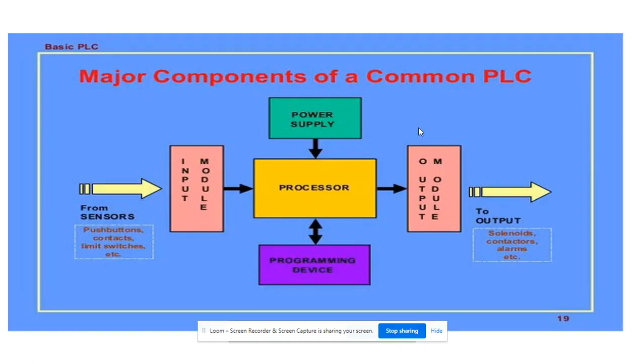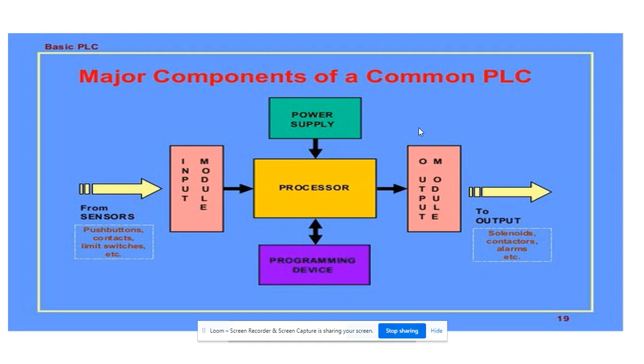So there is the diagram that shows you the architecture of the common PLCs. Make sure you can see that I've said common PLC. This is the common one. There are other PLCs that are very complex. The complex programmable logic controllers contain more than one module. You can see here that we have only 5 modules.